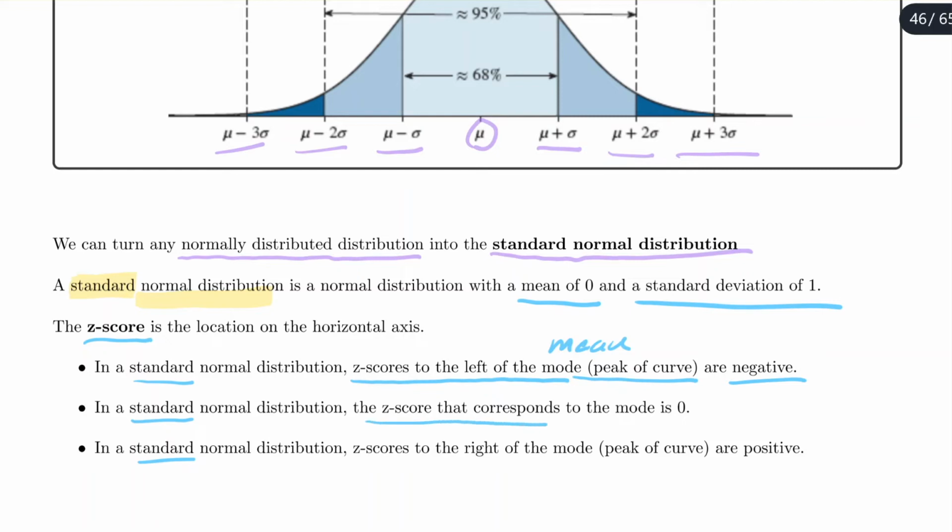The z-score that corresponds to the mode or the mean is 0. Z-scores right of the mean are positive. So it's okay to have a negative z-score, but it is not okay to have negative probability. Also negative area, that's not possible.